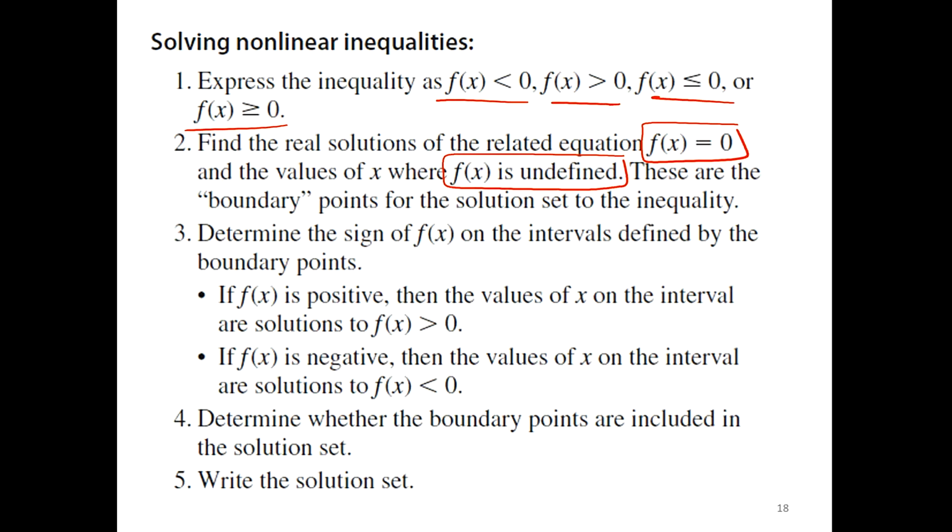If we have a polynomial, we only find where f of x equals 0. If we have a rational, we must find both: f of x equals 0, from the numerator equal to 0, and f of x undefined, by finding the zeros of the denominator.